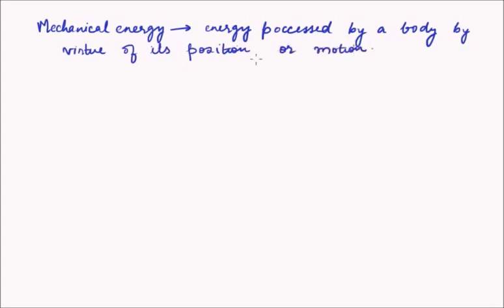As we can see in the definition, there are two components to mechanical energy. One is the position and the second is the motion. The component of energy due to the position or the configuration is called the potential energy.